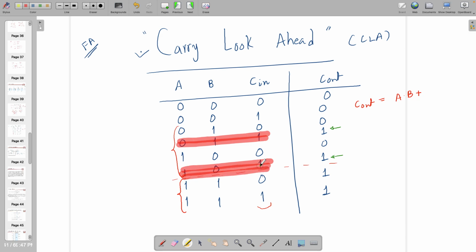If the inputs are different and C in is also there, it depends on C in. If C in is 0, then the output is 0. So A or B and C in, that's the function coming from these two red lines.